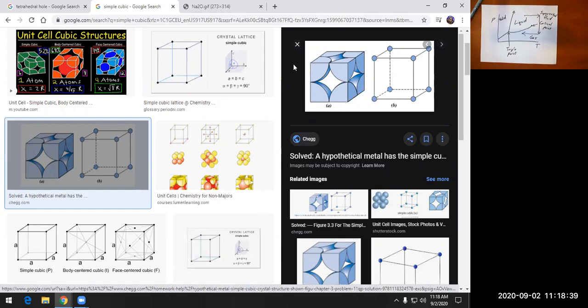And let's assume that you have been given the radius of the anion.